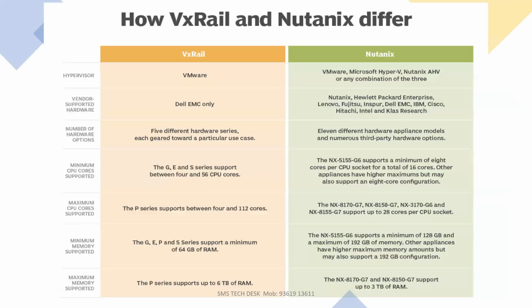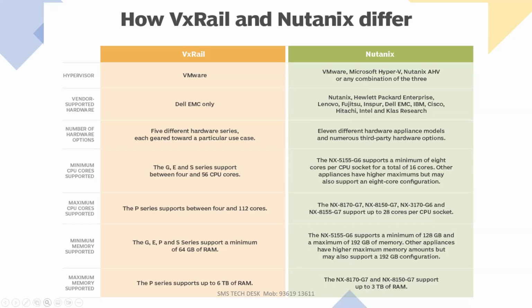Now let's understand the difference between VxRail and Nutanix. As you know, one of the main competitors for VxRail is Nutanix. Nutanix has some advantages when compared with VxRail. From a hypervisor perspective, VxRail is dedicated hardware used only for VMware.